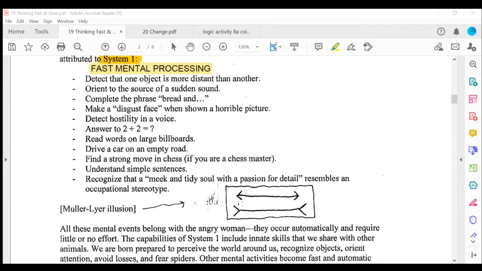Weird and automatic. This is a classic clash between our fast mental processing that's sort of telling us one answer and our slow mental processing, where if we sat there and were deliberate about it, the way Facundo was just describing, we could measure and see that these are the same exact length.